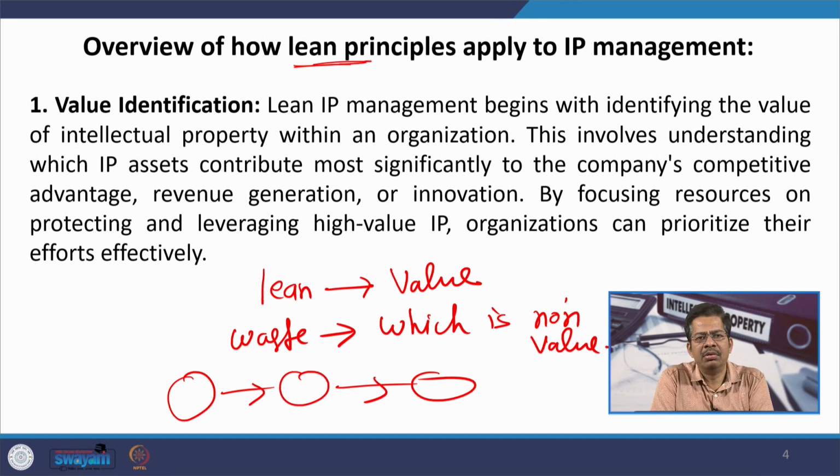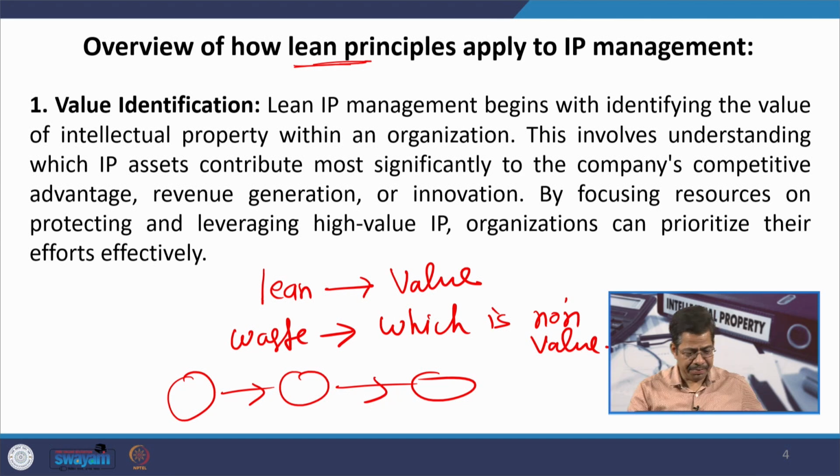We need to do prior art survey only of the last, let us say, 2 years or 3 years, rather than going for a prior art survey of 20 years or 30 years. We should restrict our prior art to the last 5 years, which will save a lot of effort in doing the large amount of prior art survey. This will be one example of how we can think of minimizing the waste of time and resources, and our IP filing process may become more efficient.